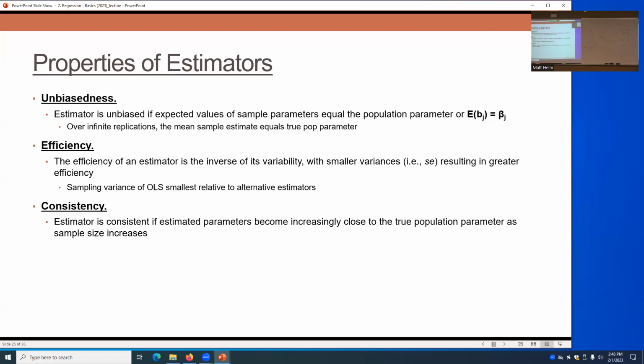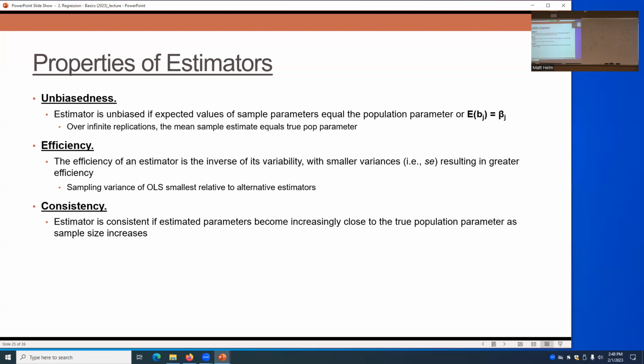But it doesn't matter whether I have a sample of 50 or a sample of 300. My sample of 300 is no more or less precise than my sample of 50. I don't have a consistent estimator. Consistent estimators say that as my sample size gets larger and larger, I should get closer and closer to the population value with the estimate.